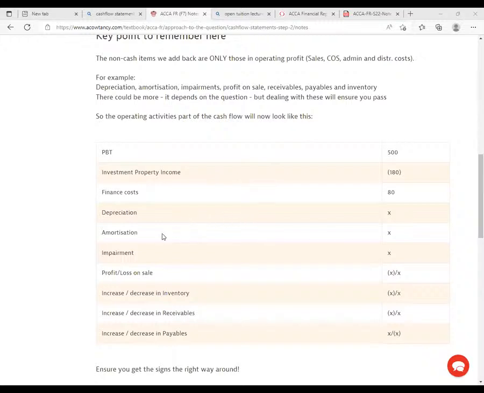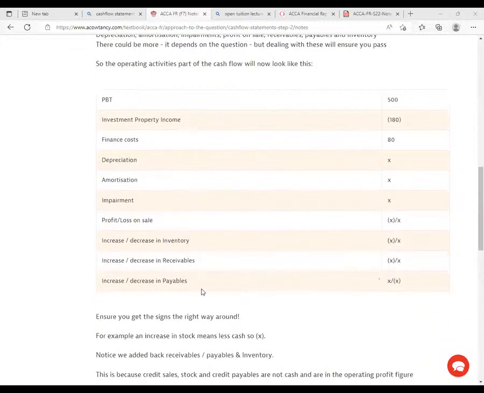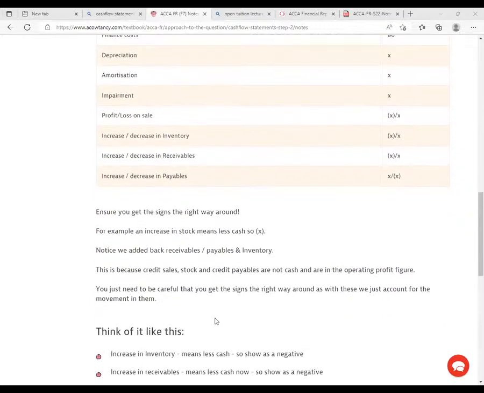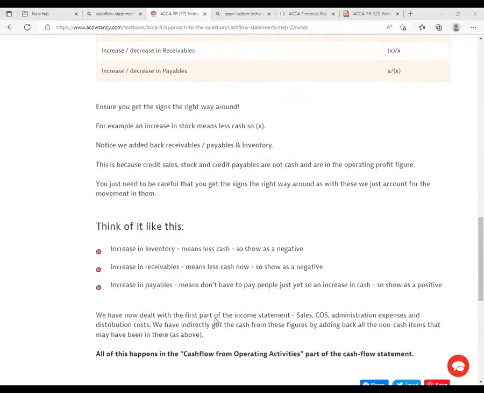These are non-monetary. Amortization, add back. Impairment, add back. If it's a profit that has been added there, you subtract it, and so on. Ensure that you get the signs right. The signs will show you how to work with them.